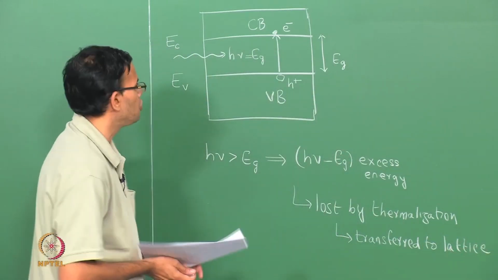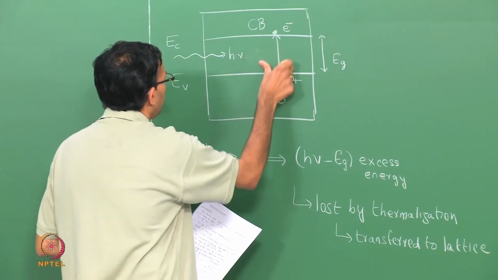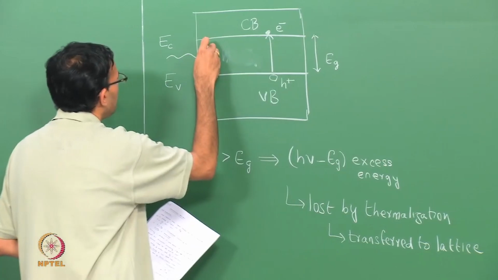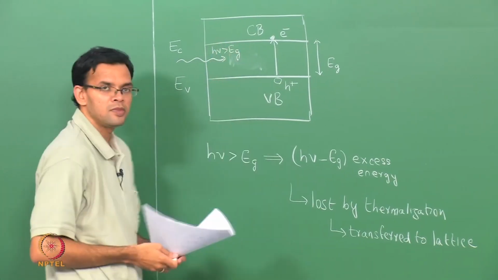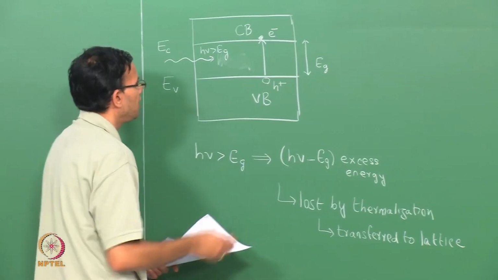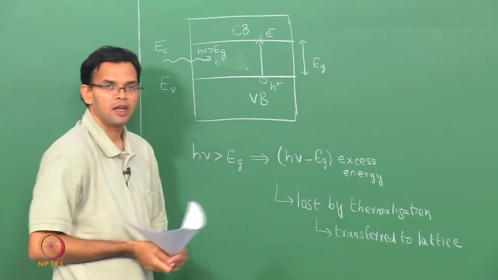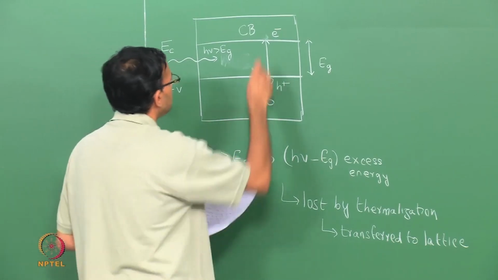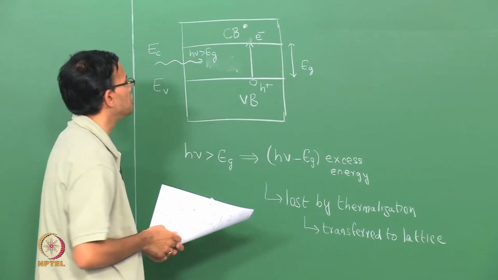So if I want to show that, I will use the same diagram, but now I have h mu that is greater than Eg. In this particular case, I can have a hole at the top of the valence band, but my electron can be somewhere within the conduction band.